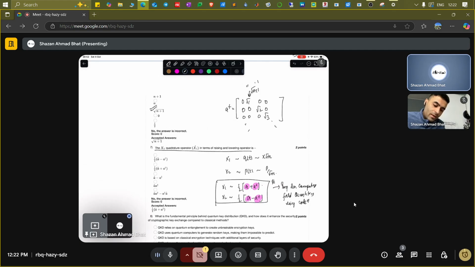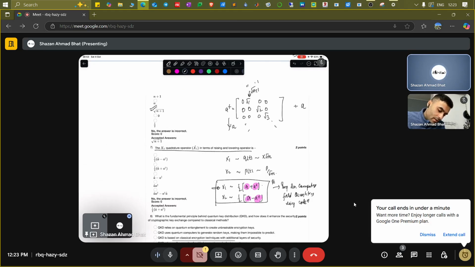So now you have to operate it, and you can similarly take the transpose conjugate of this. You're going to get a, and then you need to do the calculations for the field quadratures using 1/2 of (a plus a dagger). You need to add a to it. Similarly, you can subtract a from it, and this is the exact answer you're going to get. This is a plus a dagger.